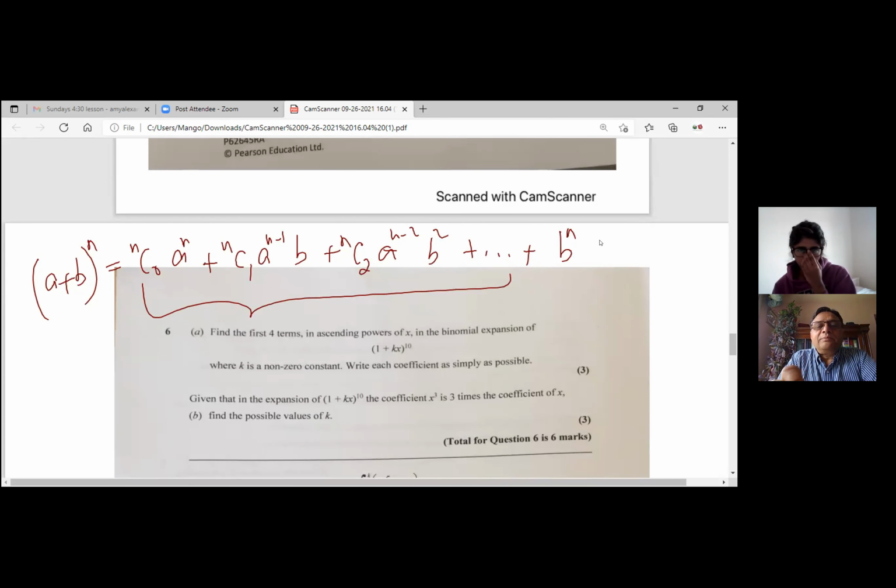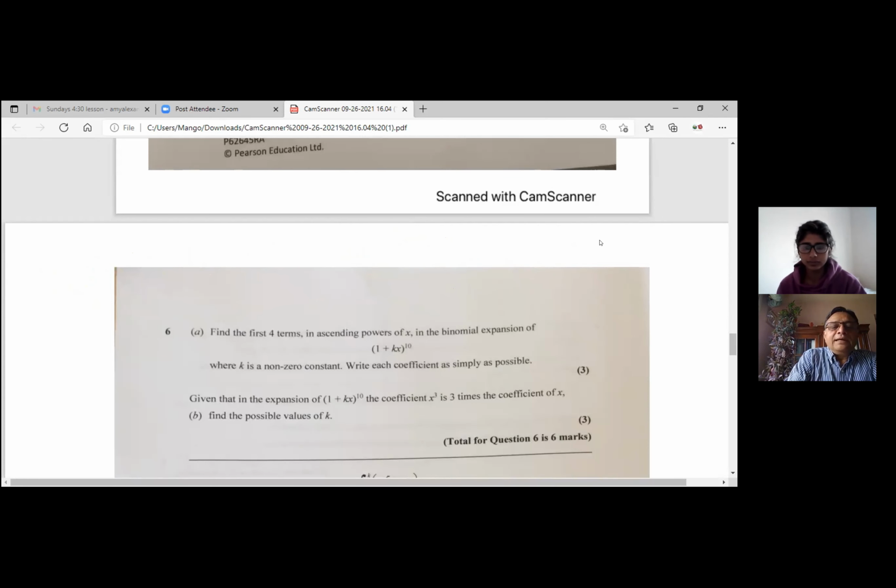Let's rewrite the equation now. So let me clear this screen. I'm writing the equation 1 plus kx to the power of 10. The first term will be 10C0, that is 1.